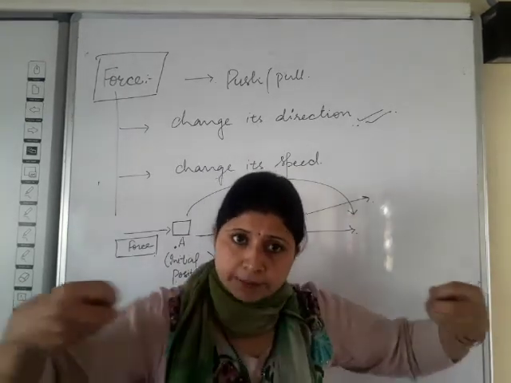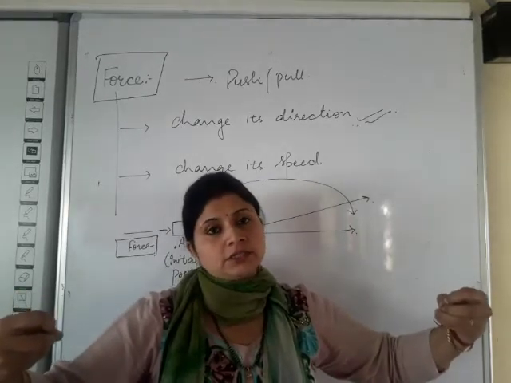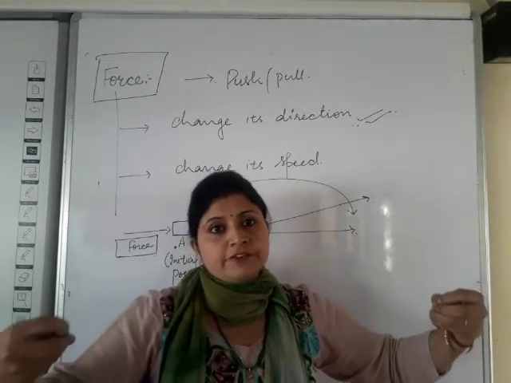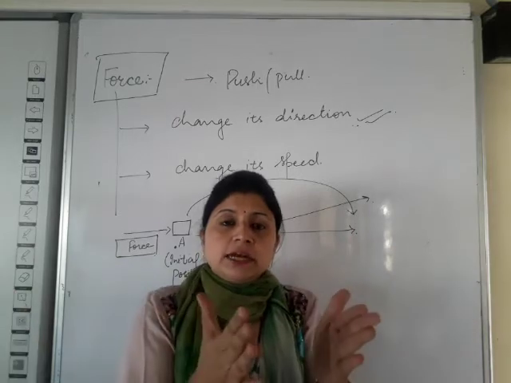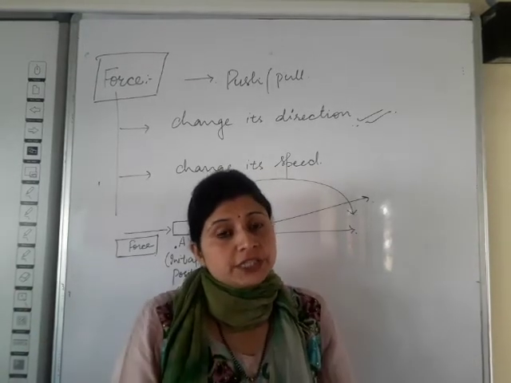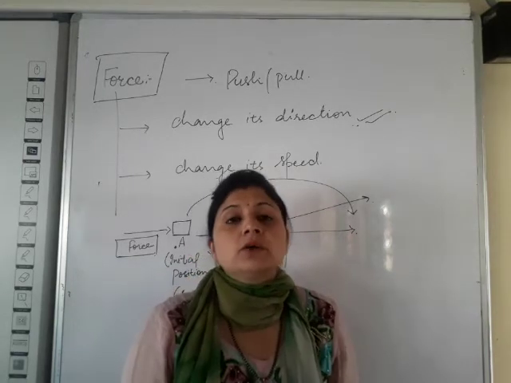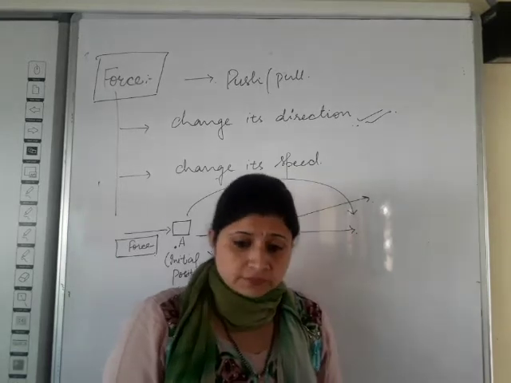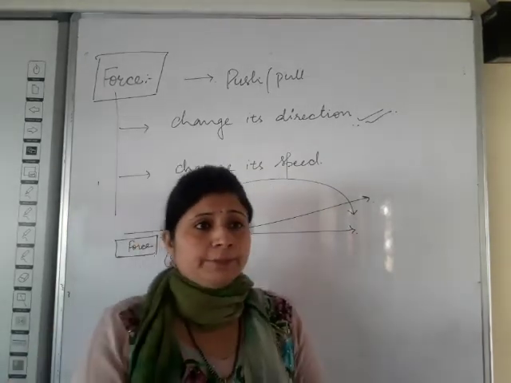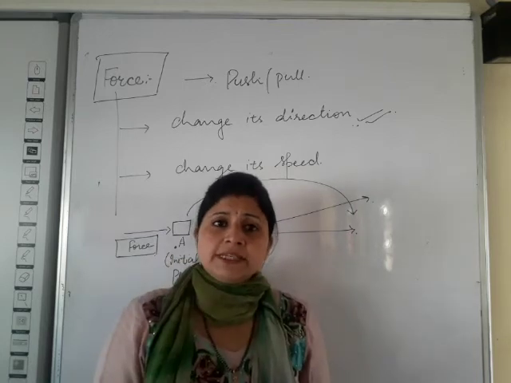When I pull the rubber band, it will stretch to a certain length. And if I release it, again it will come to its original shape. So why it is changing its shape, it is all because of the force which I am applying on the rubber band. So we can take one more example. Balloon, sponge, many examples are there.